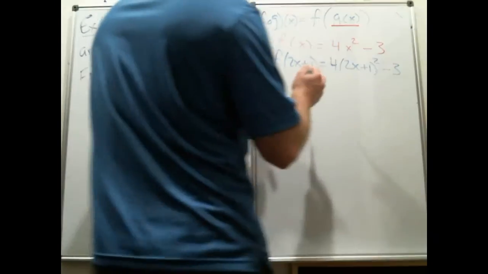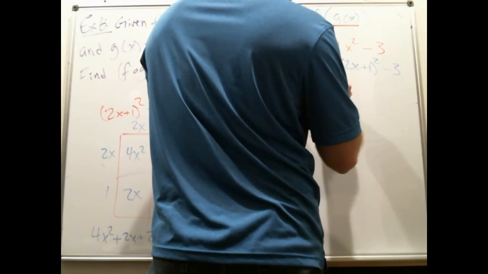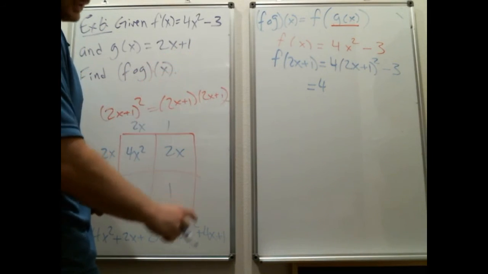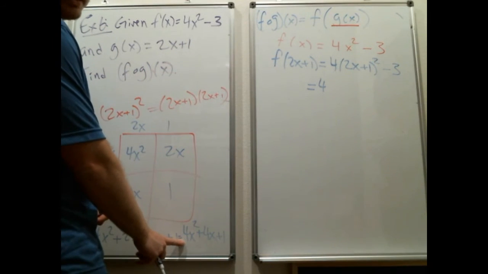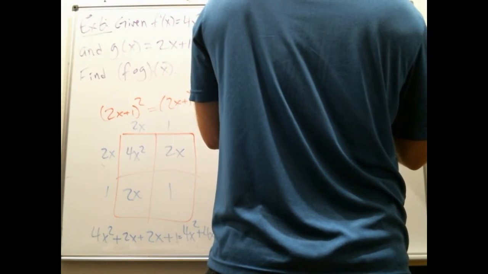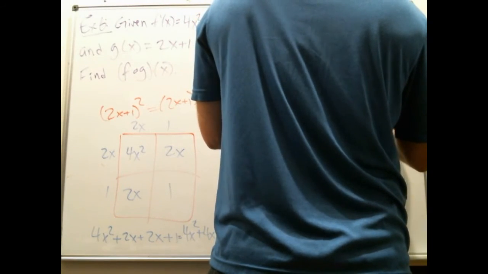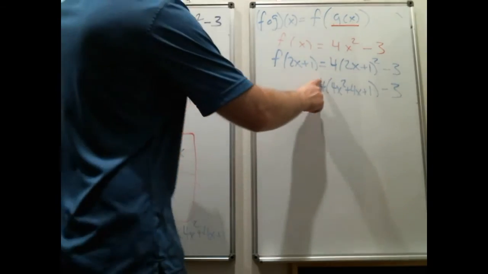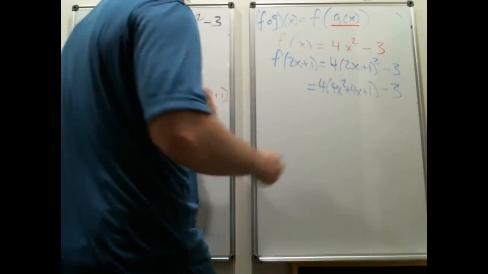Alright, so let's try this. That 4 is still on the outside. Now that 2x plus 1 squared becomes this. So 4x squared plus 4x plus 1 minus 3. And now we're going to distribute this 4 into all three of these terms.